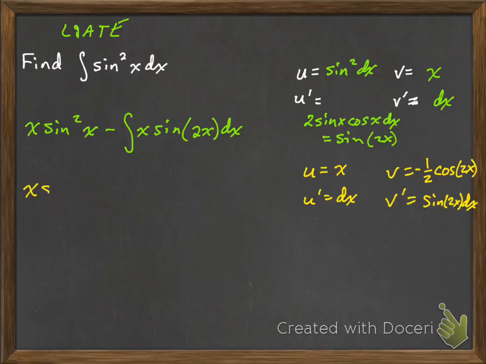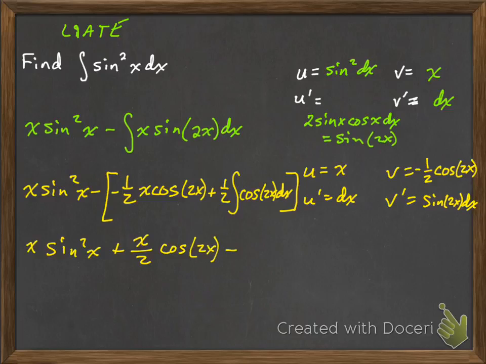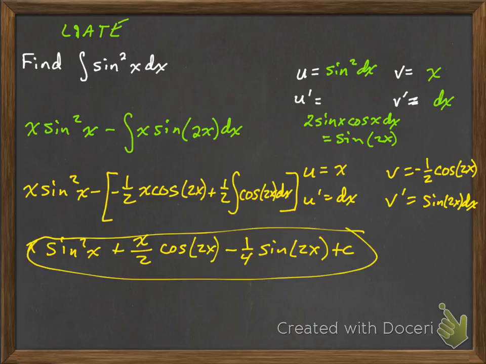All right, so substituting in, we get x sine squared x minus negative 1/2 x cosine 2x plus 1/2 integral cosine 2x dx, and then we can distribute, giving us x sine squared x plus x over 2 cosine 2x minus 1/4 sine 2x plus c, and that is our final answer.